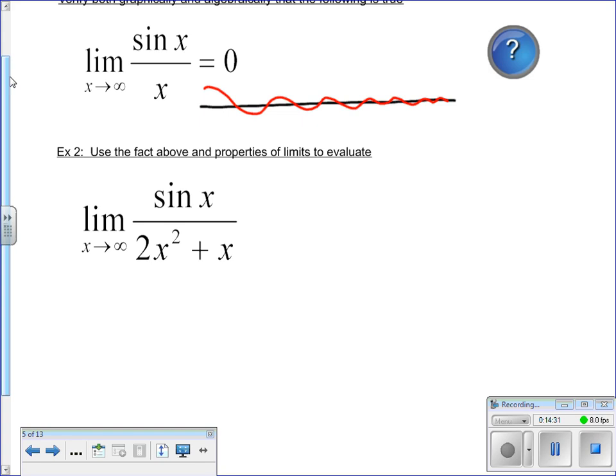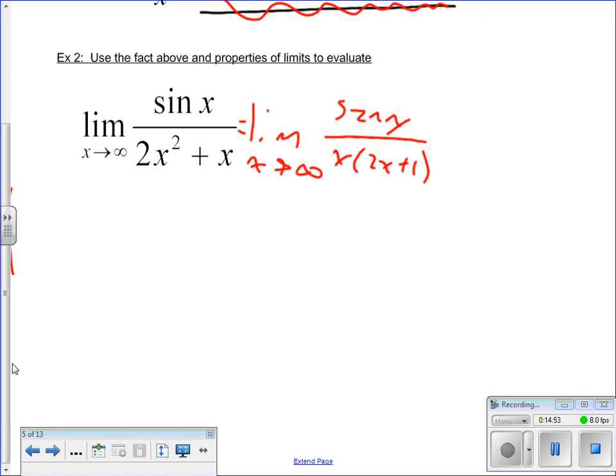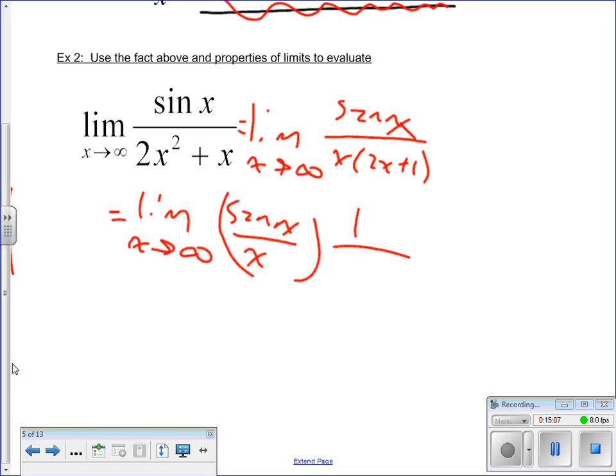Now, there are some other things we could do. This denominator is factorable. I could look at it like this. It's the limit as x approaches infinity of the sine of x over x times 2x plus 1, which equals the limit as x approaches infinity of the sine of x over x times 1 over 2x plus 1.